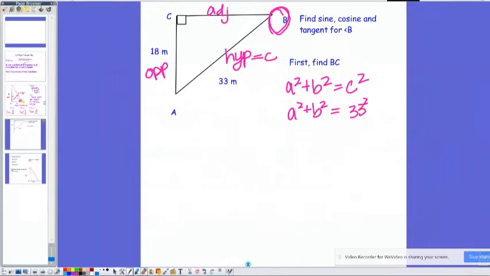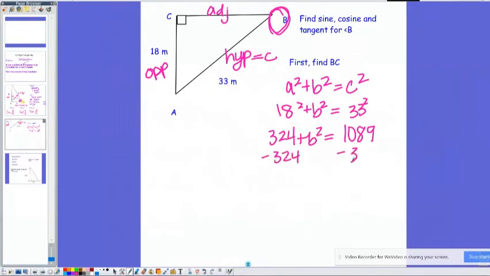And I'm going to replace either A or B, and it doesn't matter which one, with that. I'm going to just use my phone calculator. 33 squared is this. And 18 squared. Then I would subtract 324.